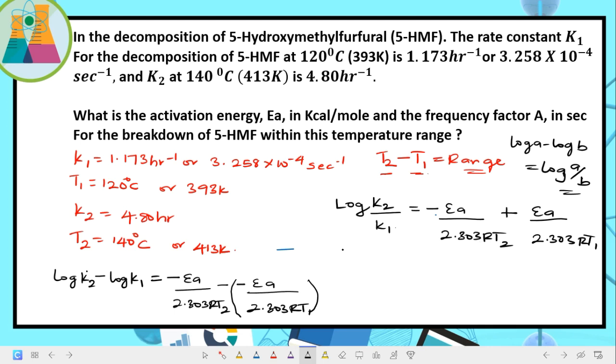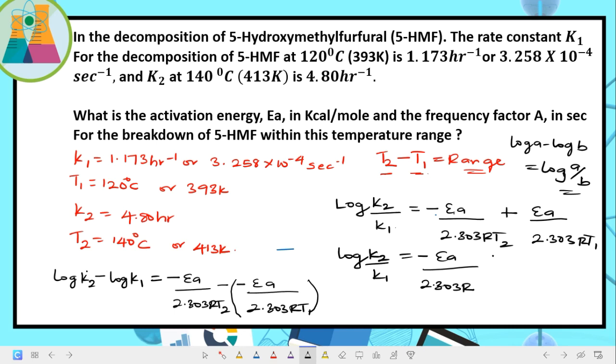So if we take everything out, you are going to have log K2 over K1 is equal to minus EA all over 2.303 R, this is constant.